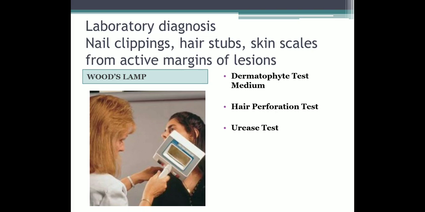Hair perforation test and urease test can additionally be done to identify Trichophyton mentagrophytes. When we take hairs for the hair perforation test, we should ensure that they are taken only from a very young infant, to avoid hormonal influences.